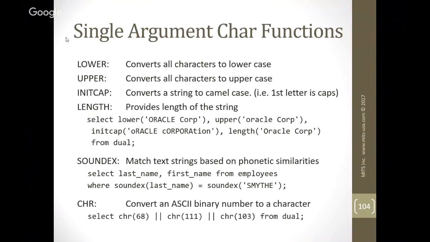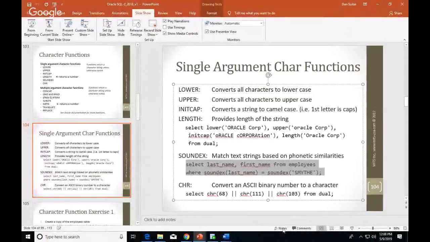And I don't remember what 68 is. 65 is A, capital A. So that'll be C, probably C, I wanted to say CAT, but I don't remember right now. Been a while since I had to look at the ASCII table. 97 is this letter A. So somebody can type that in or I can grab it.